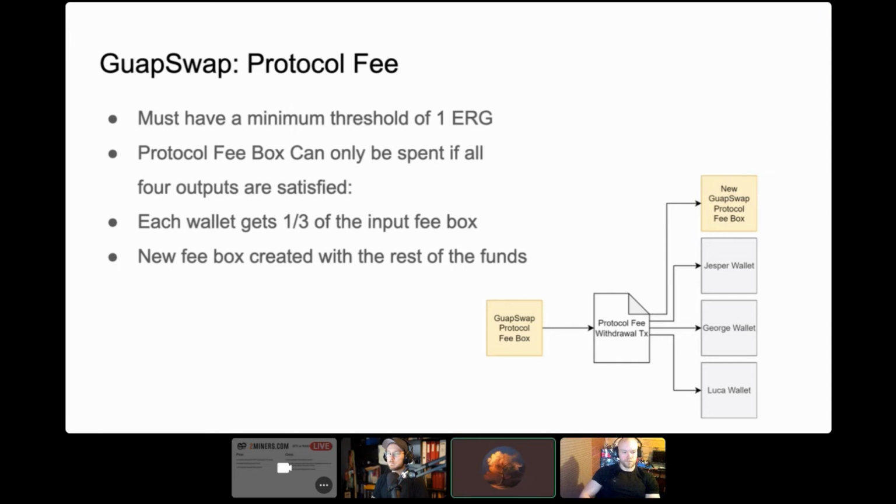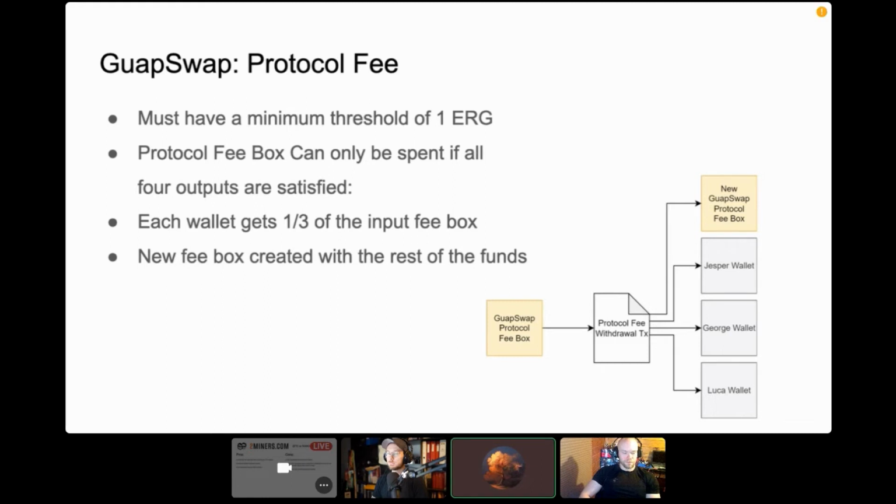And in order for all 3 of us to withdraw the amount stored in this fee contract, the minimum amount that has to be locked at this address is 1 erg, and it can only be spent if it creates 3 output boxes with each of our own addresses, and each one receives exactly 1/3 from the box.